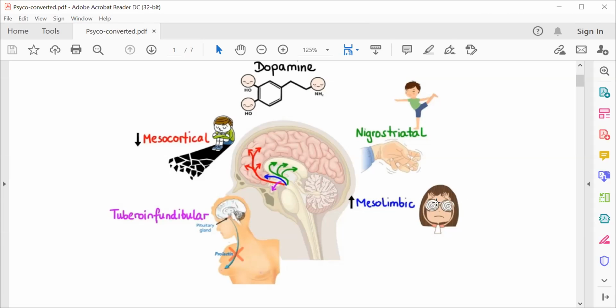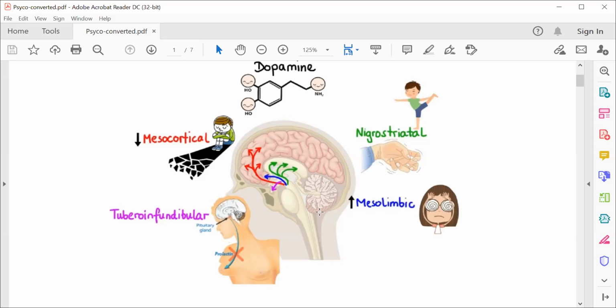So when I take antipsychotic here, it will block the dopamine receptor, so it will make the dopamine effect less, correct? Yes. So the positive symptoms will disappear.